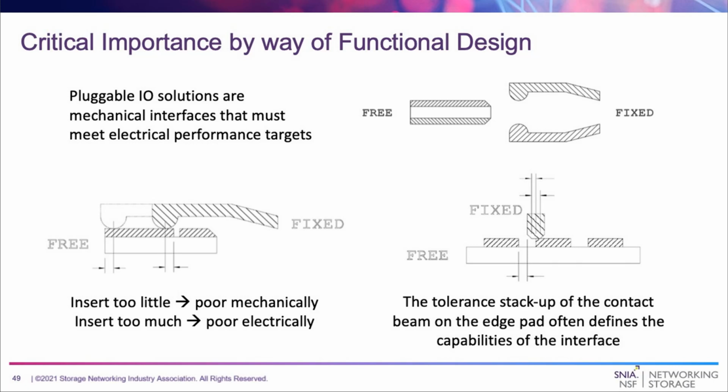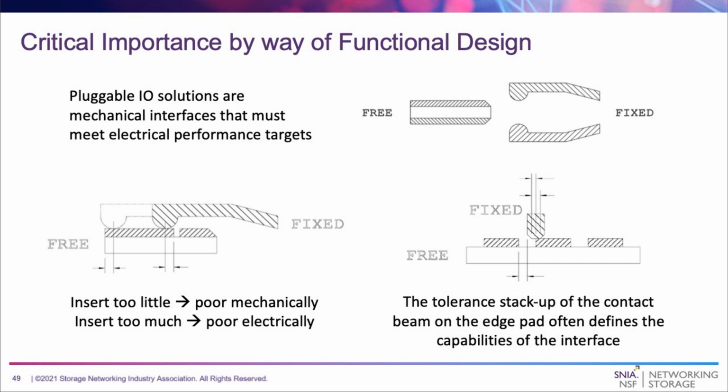So during mating, the free side contact travels across the fixed side contact to hopefully create a mechanically reliable connection that also supports electrically sufficient performance. And the amount of travel that is created during that mating cycle is referred to as wipe, or effective wipe if you're using isolated non-functional paths at the very edge of the free side, like the picture on the lower left.